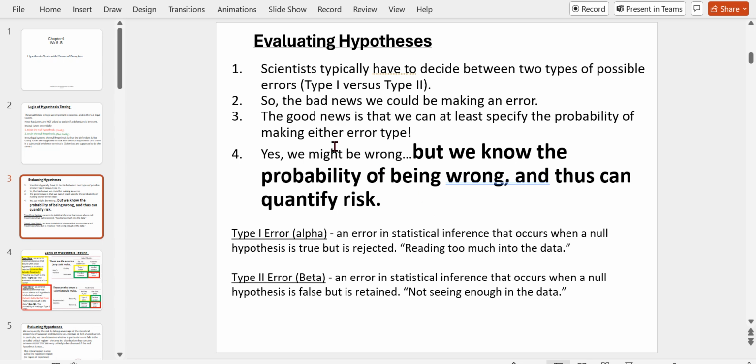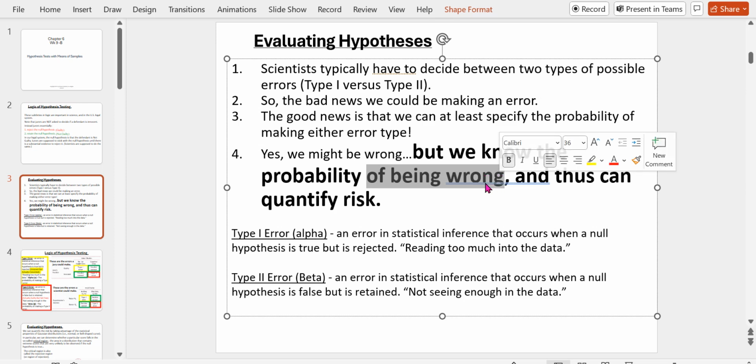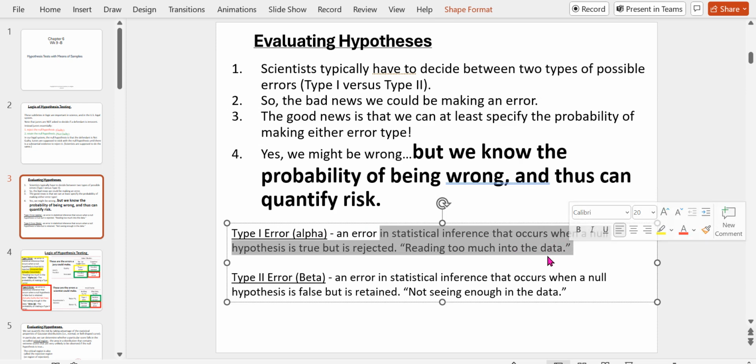We've talked about these. The bad news is that we have to make error. If we're going to take a sample and project it onto a population, we have to work with error. But we know the probability of this error, and therefore now we can quantify it. You'll remember your type 1 error, an error in statistical inference that occurs when the null hypothesis is true but is rejected. Reading too much into the data.